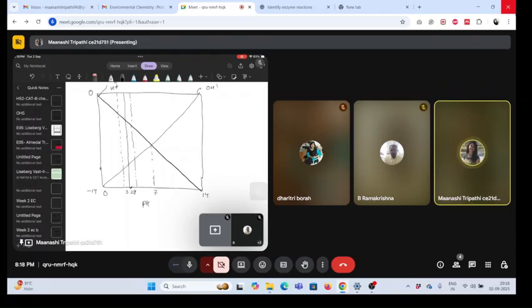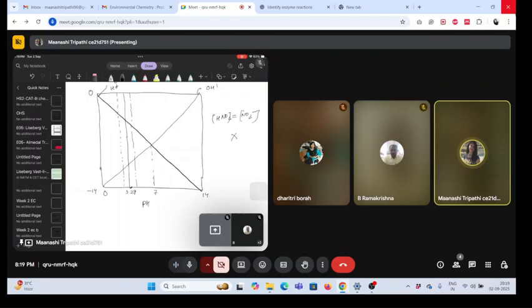What will be the equivalence point? Where the concentration of HNO2 will be equal to the concentration of NO2 negative. This is the point we have to find. So we have to find the confluence point of these.